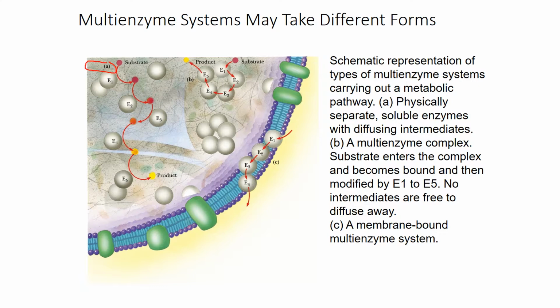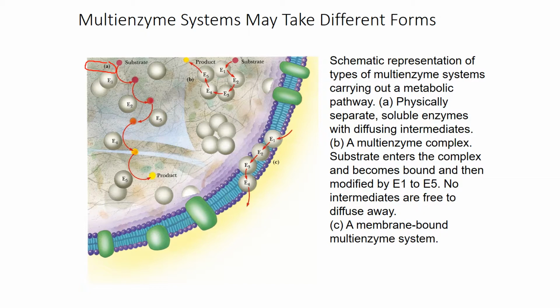And what is required here is for the substrate and subsequent products to diffuse between these enzyme systems. An example of this is glycolysis. So the end product for glycolysis is going to be pyruvate, for example.